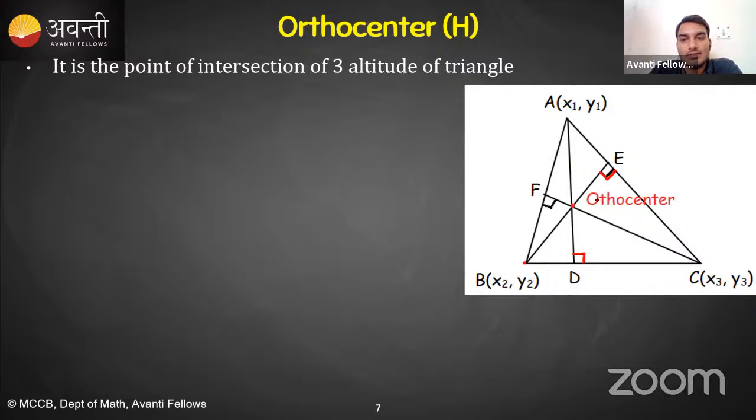Similarly, if I draw a perpendicular on CA from my vertex B, so BE is that perpendicular. And similarly, if I draw a perpendicular from C on the side AB, so CF is also perpendicular on side AB.